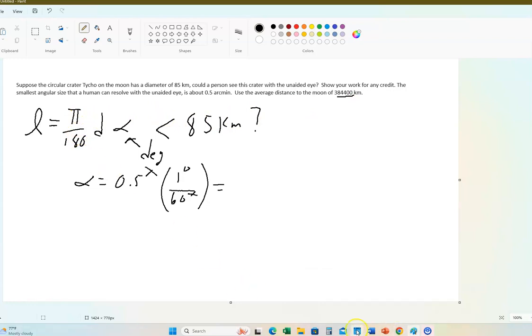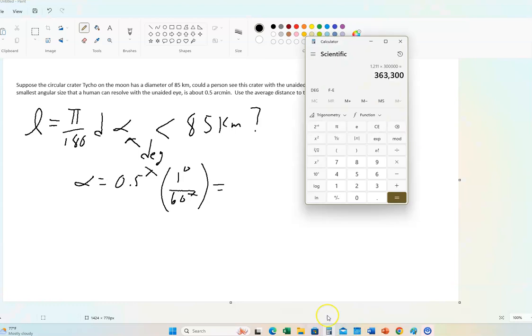Anyhow, you can actually just do this on your calculator. Let's do that. So 0.5 divided by 60. This is the angular size of this thing in degrees. So that's 0.00833 repeating degrees.